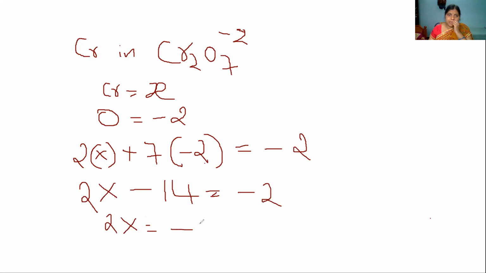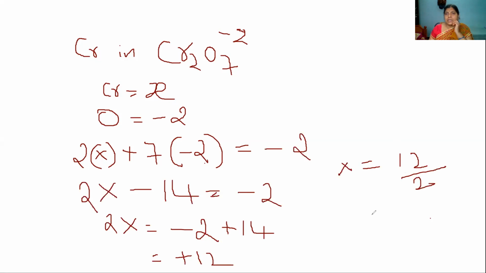What happens? Minus 14 will become plus 14. So plus 14 minus 2, how much will it become? Plus 12. Then x is equal to 12 by 2. What is the answer? x is equal to plus 6.